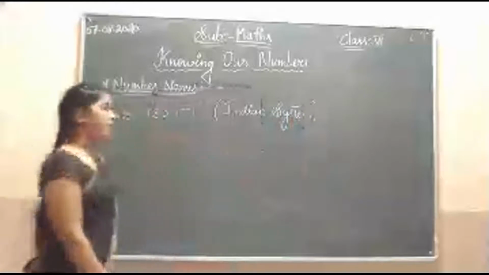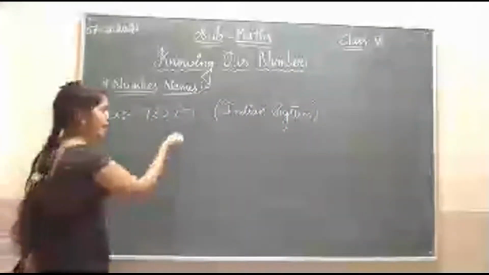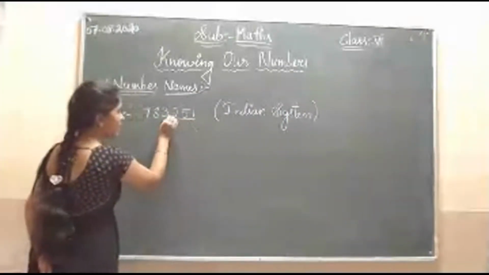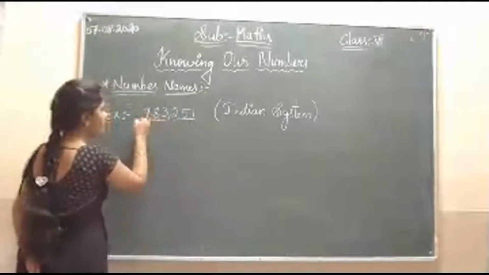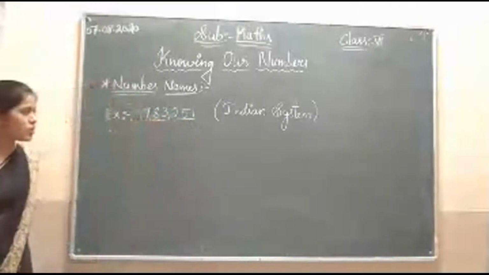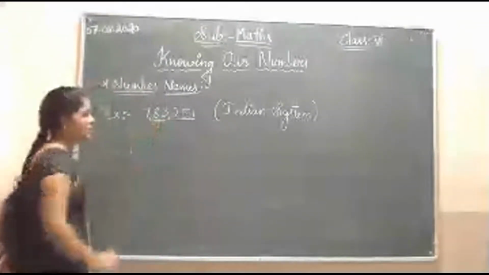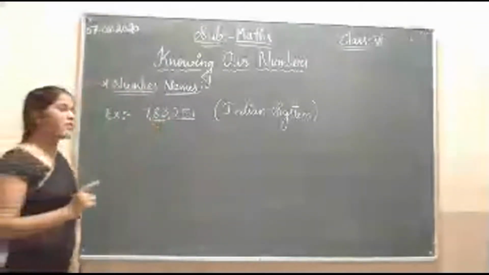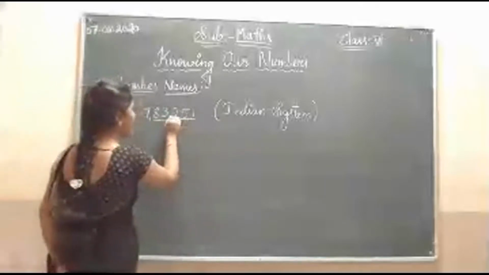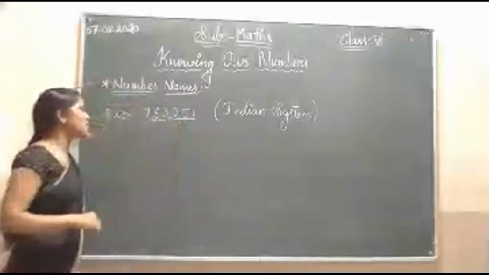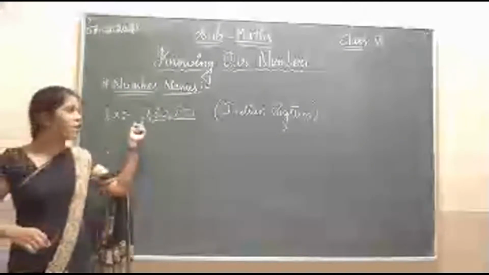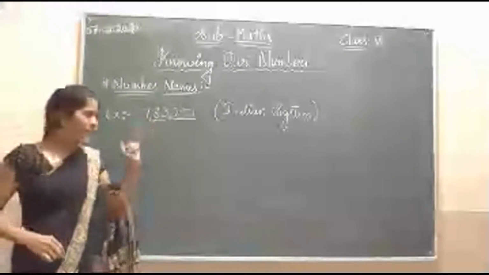In the Indian system, I already explained that we put a comma after 3 numbers, then after 2 numbers, and then 7 is single. Remember this, in the Indian system we take 3 numbers first, then 2 numbers, then 2 numbers. But here 7 is a single number, so we take it like this.